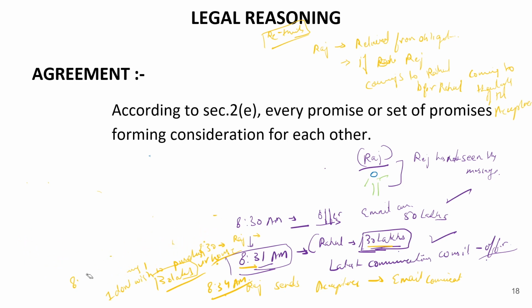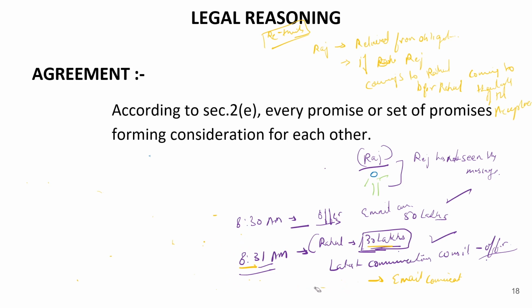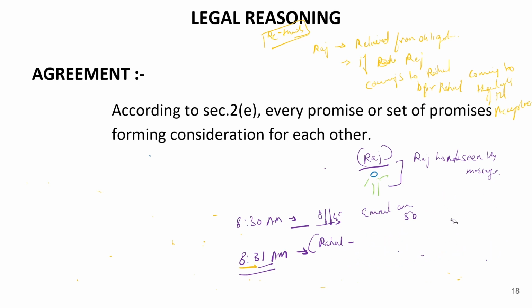In this particular example, he was willing to sell his house for 30 lakh rupees. So the moment it comes to the knowledge of the acceptor, that is Raj, Raj can initiate a proceeding against Mr. Rahul that yes, I had accepted the offer and sent him my acceptance, but now he is not willing to purchase my house.